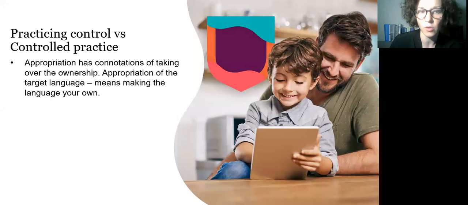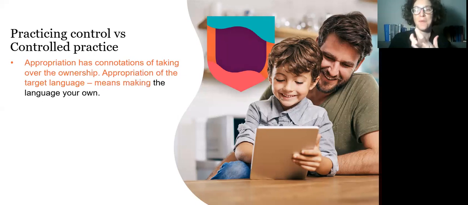And practicing control is something different from controlled practice, which is a stage of practice in the presentation, practice, production model. There we have controlled practice and freer practice. Here, practicing control is a little bit different, and it's directed at appropriation of the language, which has connotations of taking over the ownership of this language. Appropriation of target language means making the language your own, right?